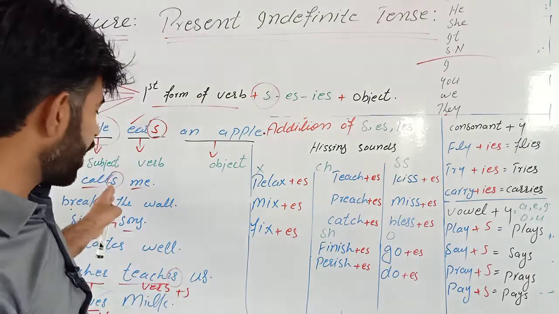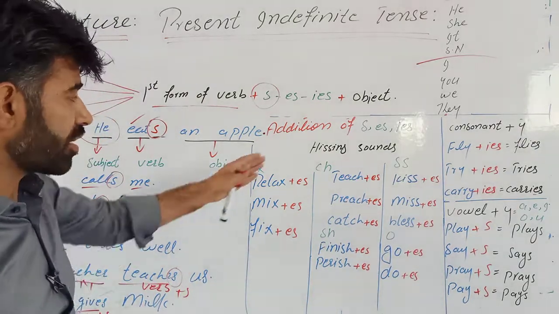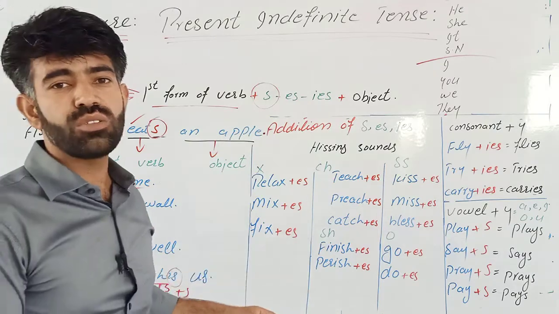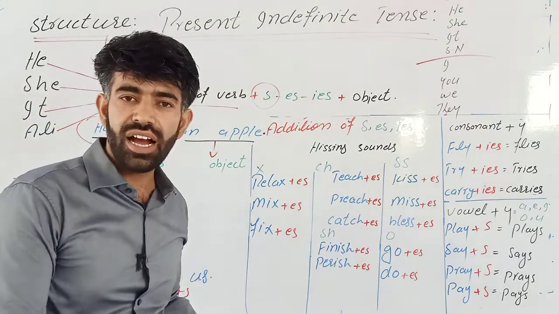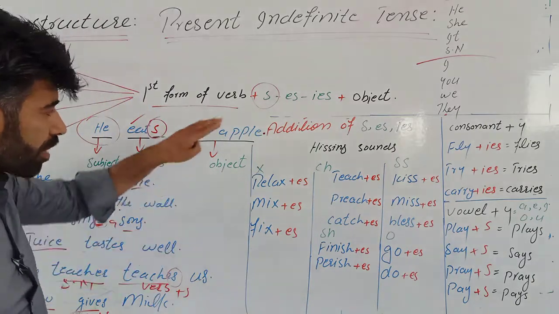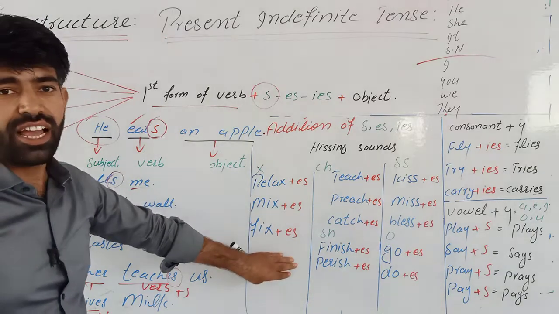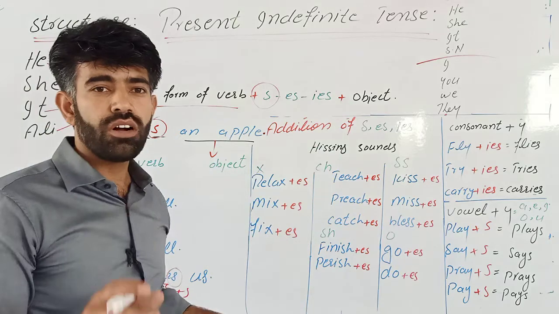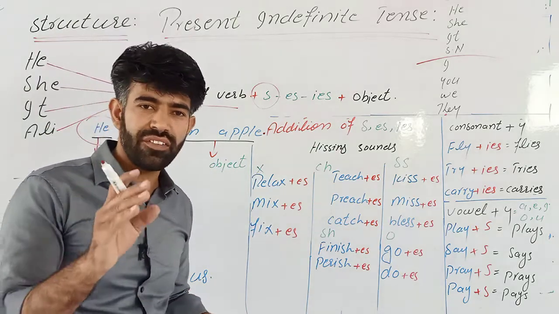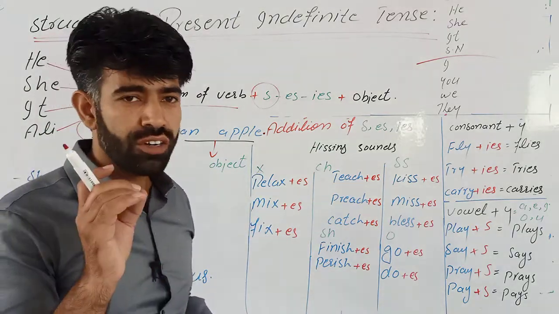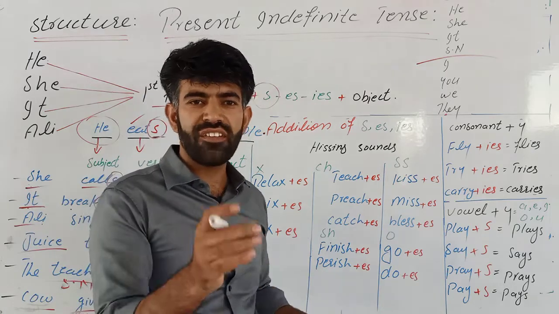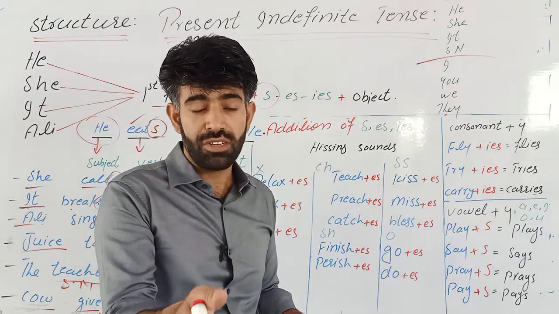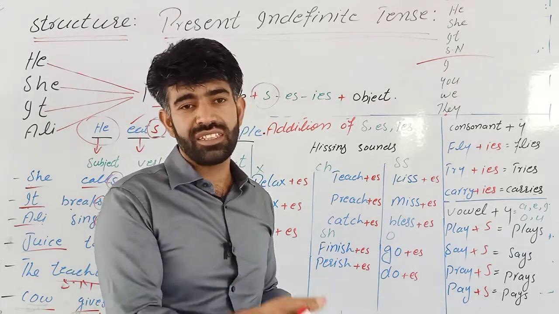So this is how we make positive sentences of present indefinite tense with the addition of S, ES or IES. I am going to tell you here how to add S, ES or IES. You need to understand these additions very well, because I have observed most of the students in matric, in FSC level, even in master level, making this mistake.